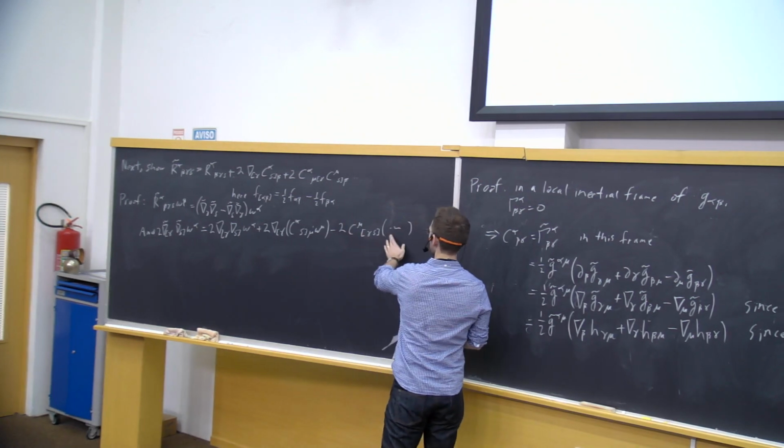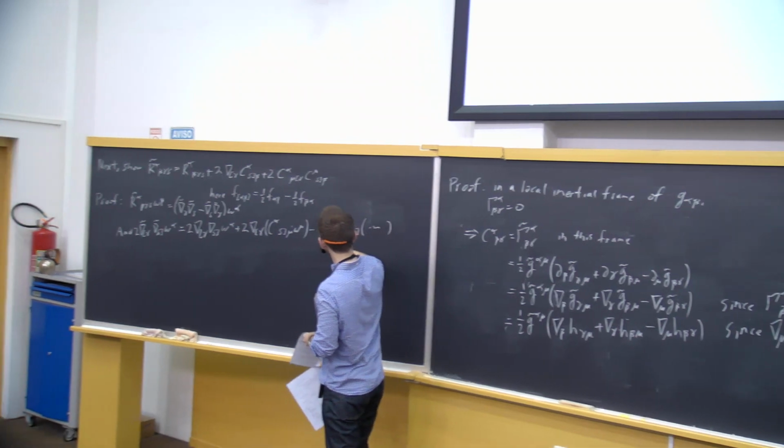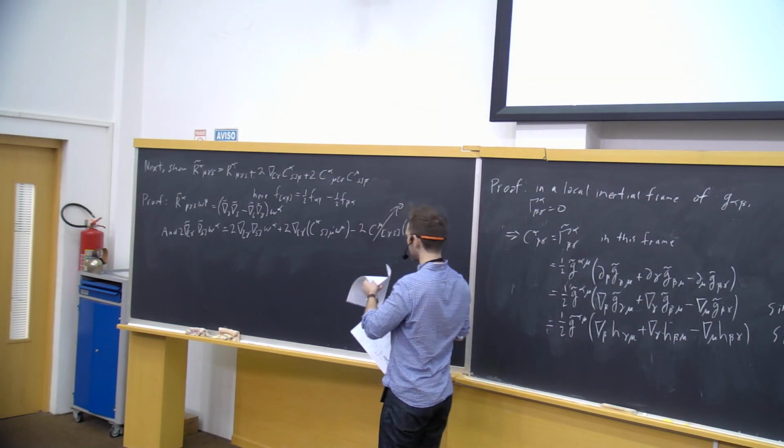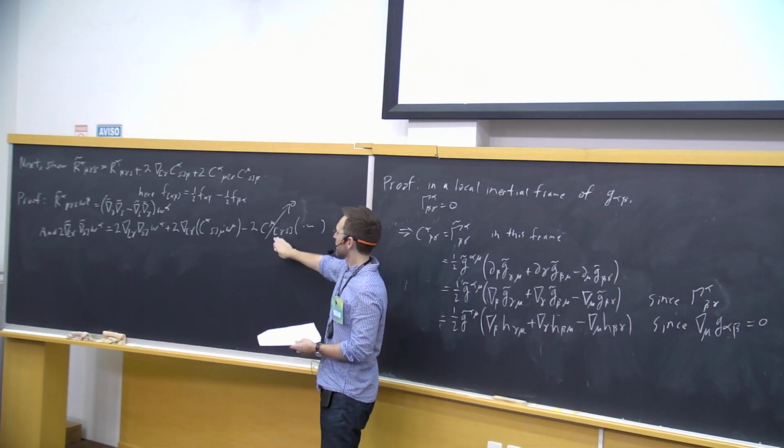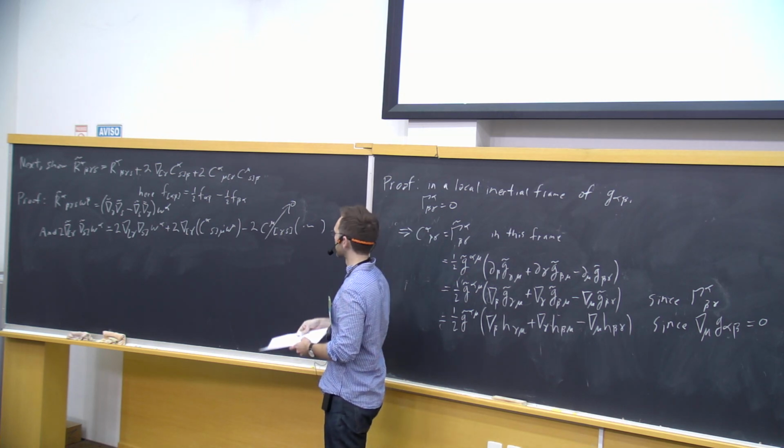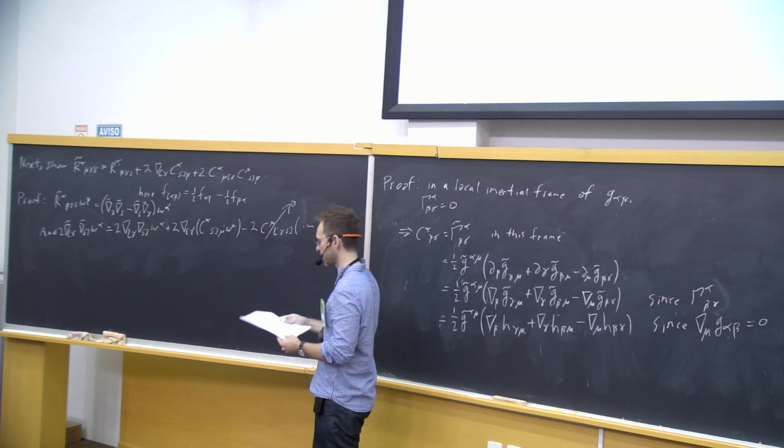This C is multiplied by some stuff, but you don't care what that stuff is because C is symmetric in the lower two indices, which means when you take the anti-symmetric combination, you get identically 0.